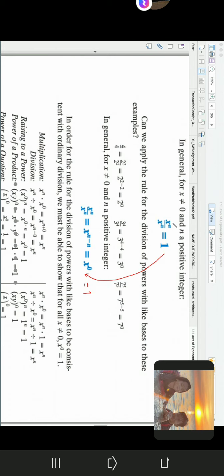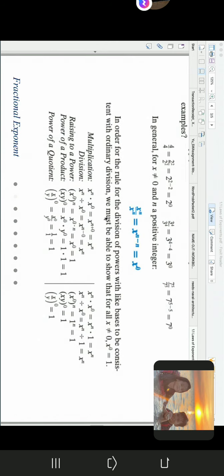Here, you can also apply the law of division. In order for the rule for division of powers with like bases to be consistent with ordinary division, we must be able to show that for all x not equal to 0, x to the power of 0 is equal to 1.